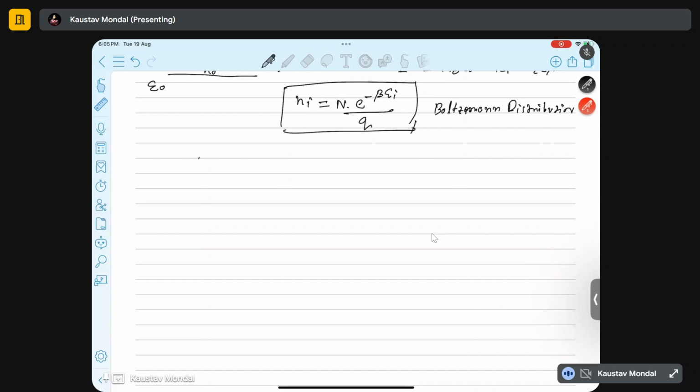That is, E equals minus N by Q, derivative with respect to beta of the summation over i of e to the power minus beta Ei. Here Q is the partition function.